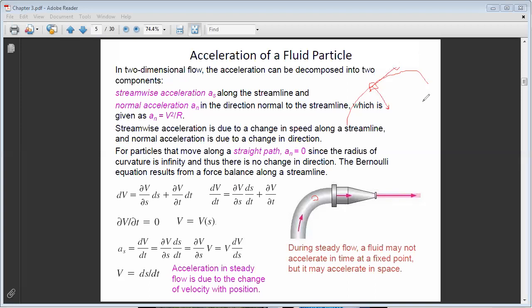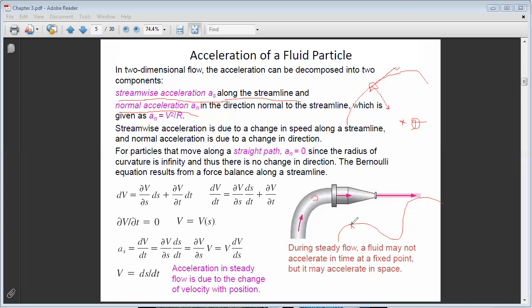Now, in this case, we say that the acceleration is decomposed into streamwise acceleration, that is along the streamline, and a normal acceleration an, which is perpendicular to ut, and always directed towards what is called the center of curvature. So again, from dynamics, remember, for example, if I have the following curve, at each point, I can define a radius of curvature.